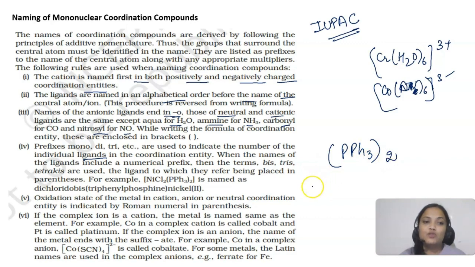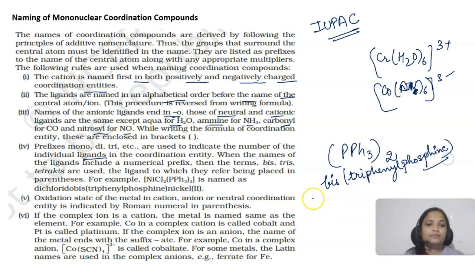In that case you will use bis, tris, tetrakis. So you will be writing bis, then triphenylphosphine, because tri is already there, so I cannot write di here. So like here it is written bis(triphenylphosphine)nickel(II).